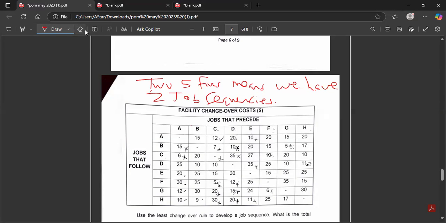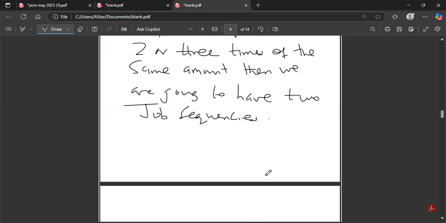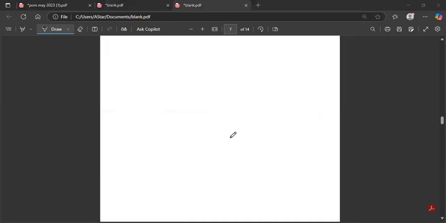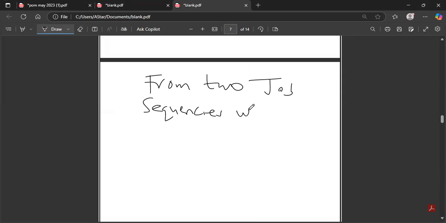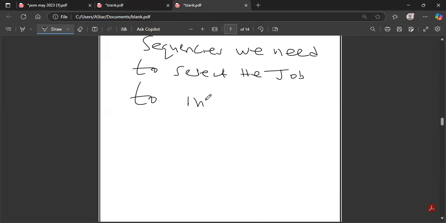And from those two, we select one, the sequence to minimize the cost. From the 2 job sequences, we need to select the job to minimize what?